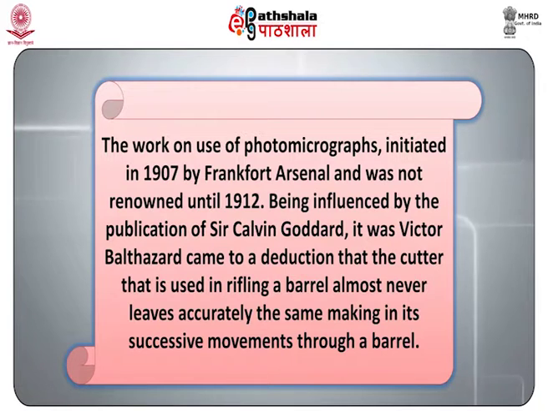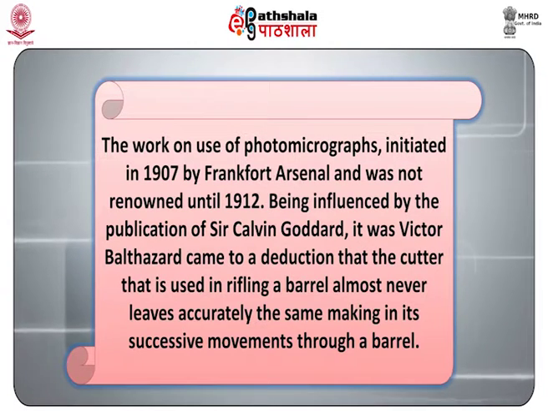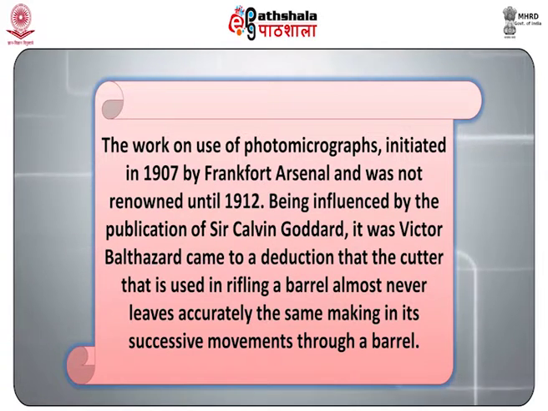It was Victor Balthazard who came to a deduction that the cutter that is used in rifling a barrel almost never leaves accurately the same markings in its successive movements through a barrel.